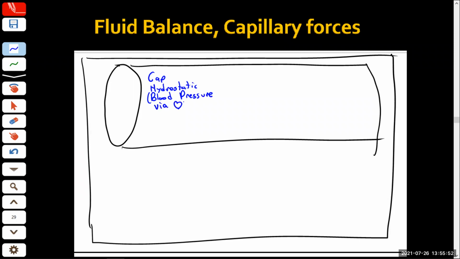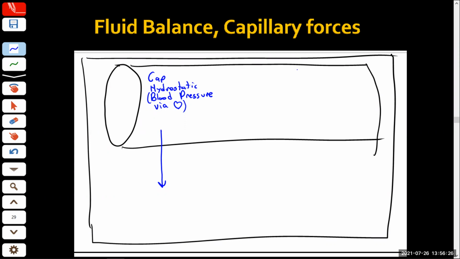Blood pressure via the heart. And which direction does it want to move water? Whenever you say a direction, you also have to say a destination, right? So out of what? Out of the capillary. Because I can also say capillary hydrostatic wants to move water into the interstitial space. So if you say out or in, make sure you specify direction, but then a location. I can say out of the capillary or into the interstitial space.